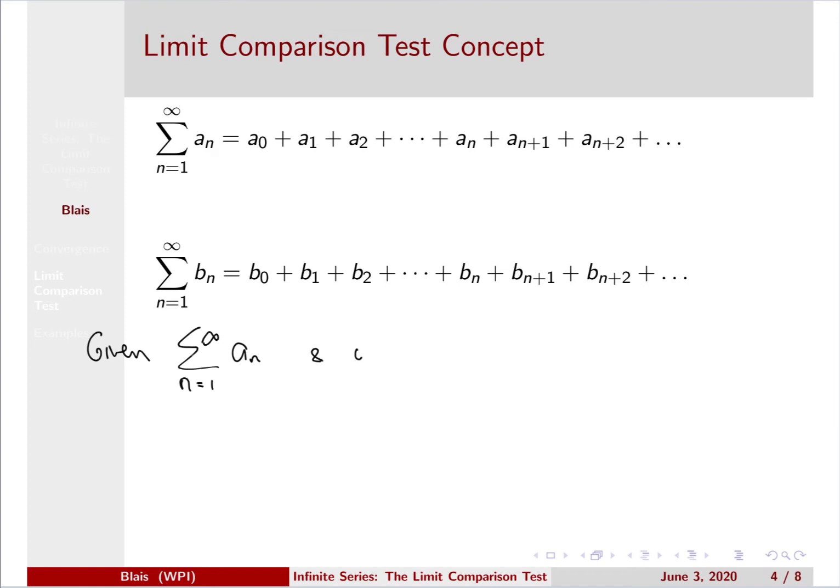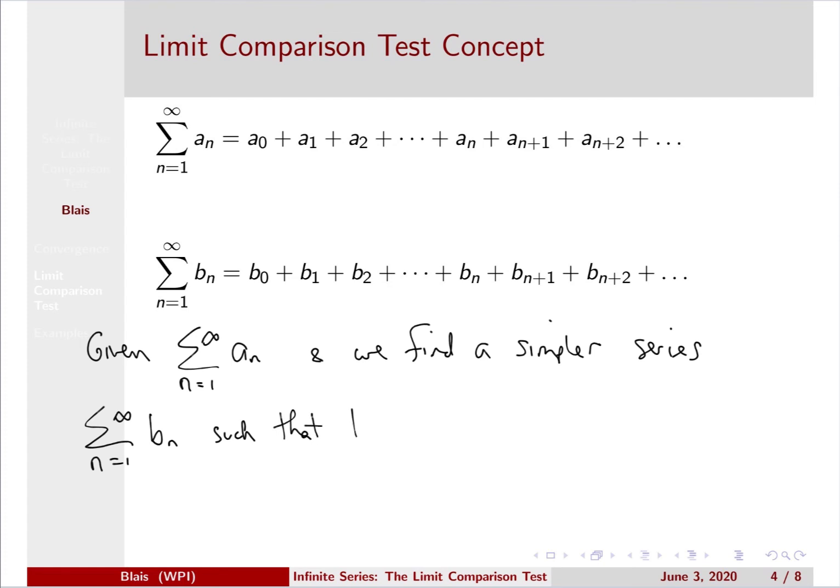And we find a simpler series, the sum from n equals 1 to infinity of b sub n, such that the limit as n goes to infinity of the quotient a sub n over b sub n is a positive constant. And this is important.